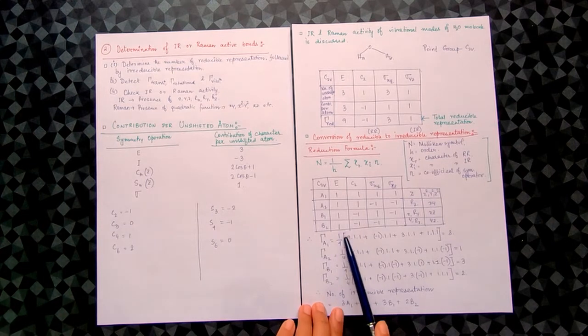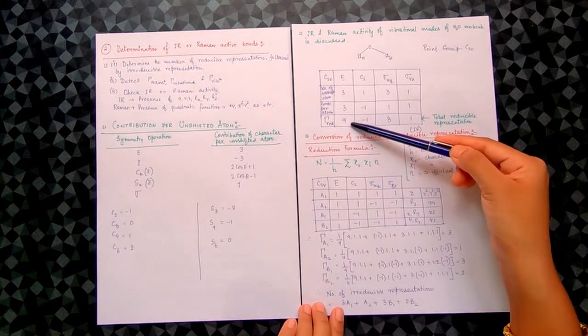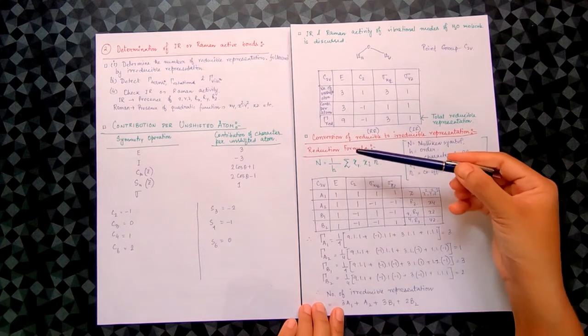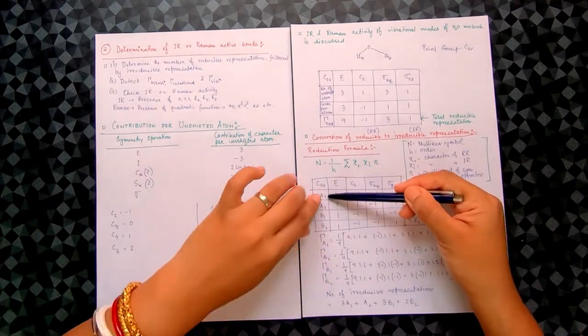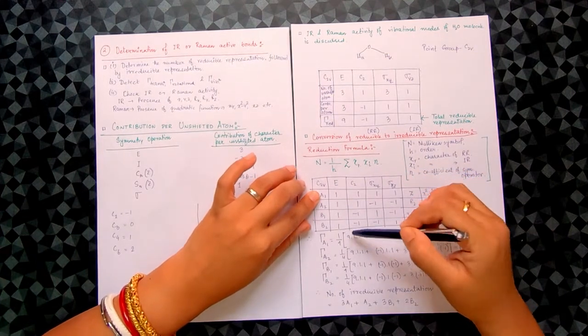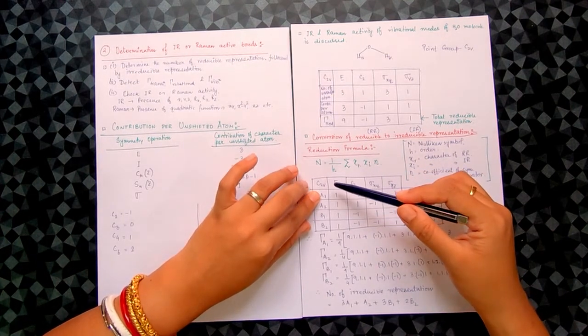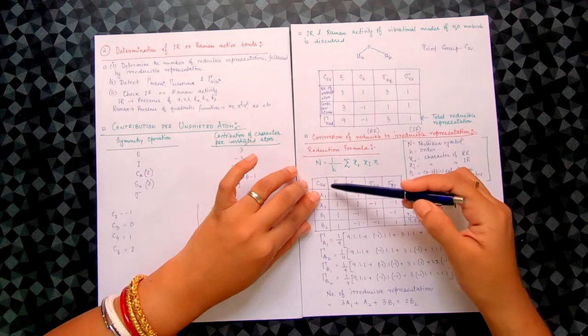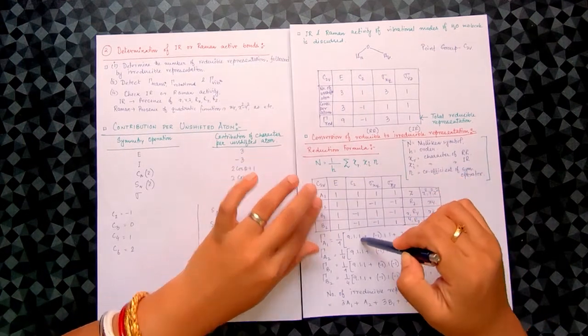Then 9 into, for A1, the value of E is 1. So 1. And what is the value of the coefficient of symmetry operator? That is 1. We are writing this value.